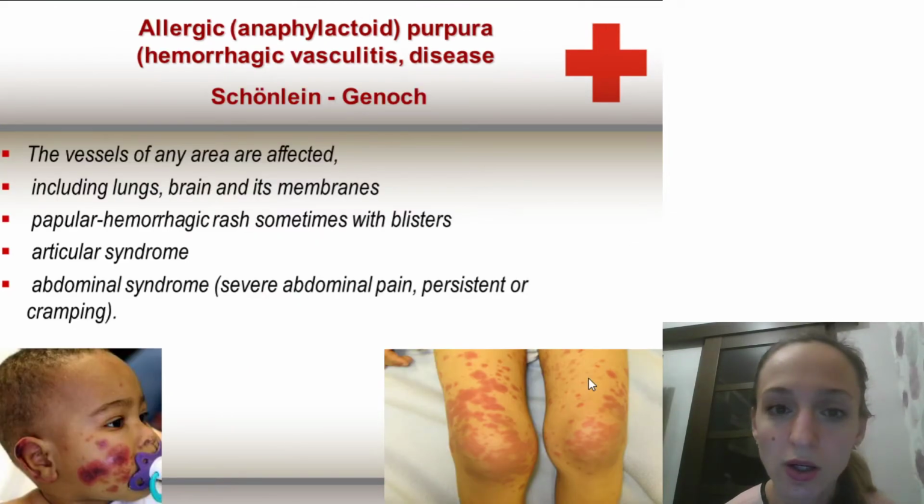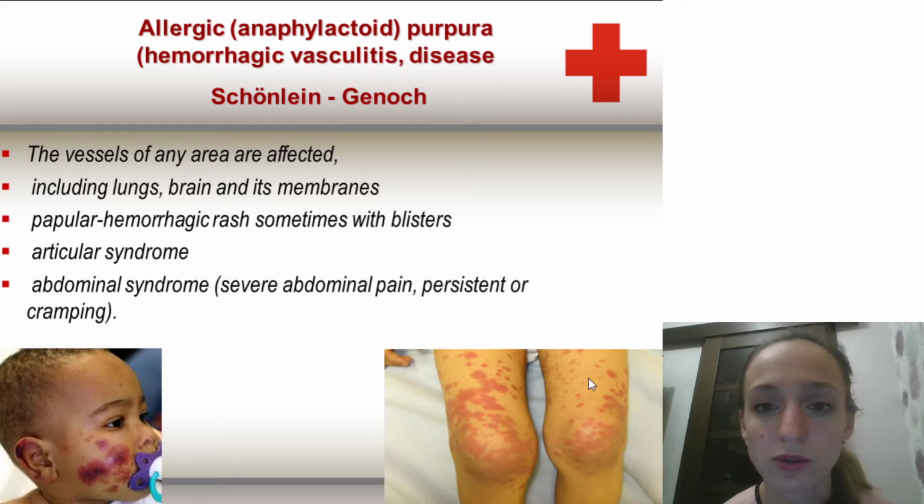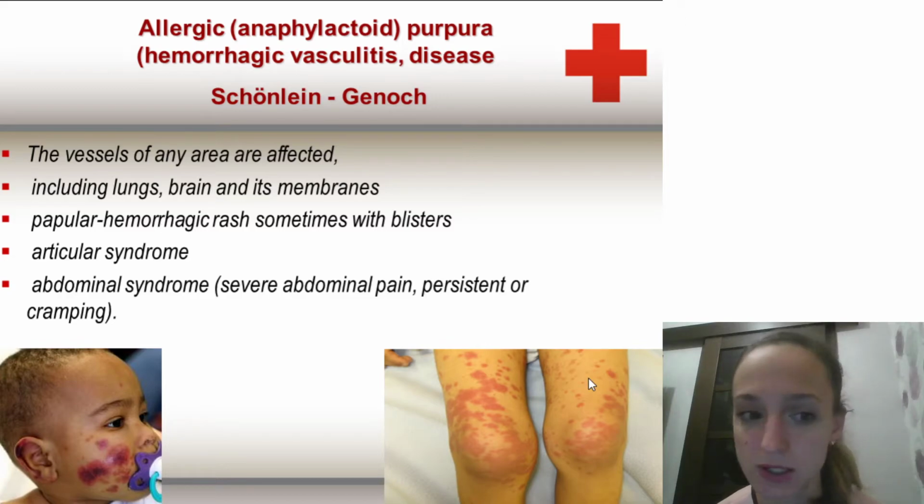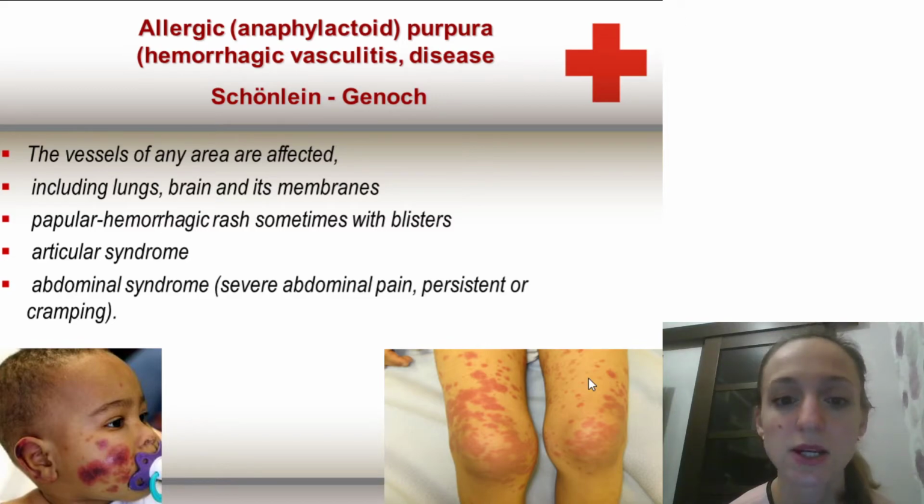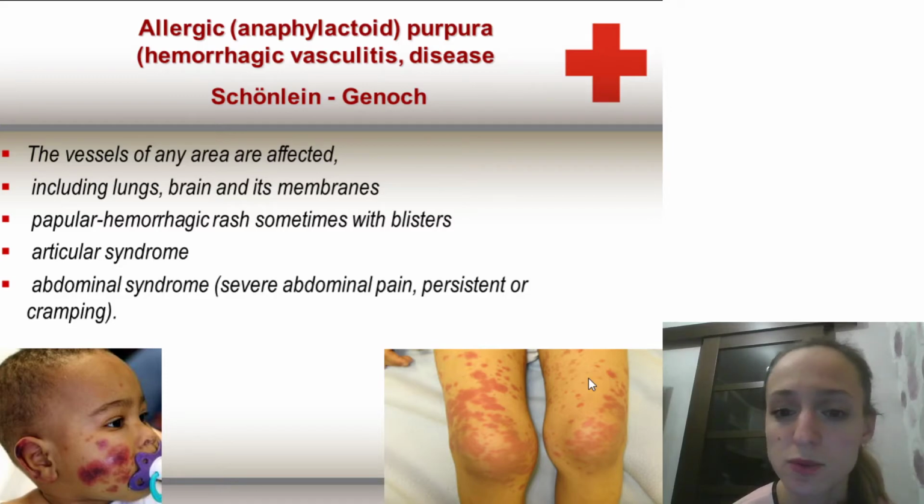Then allergic purpura or hemorrhagic vasculitis disease. So the vessels of any area are affected, including lungs, including brain and its membranes, papules, hemorrhagic rash, sometimes with blisters, articular syndrome, and abdominal syndrome.